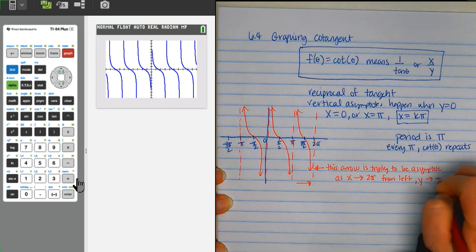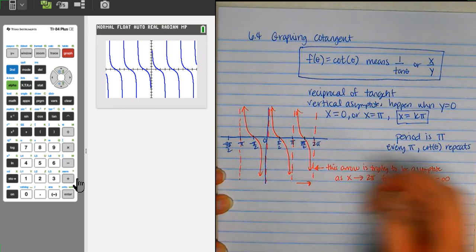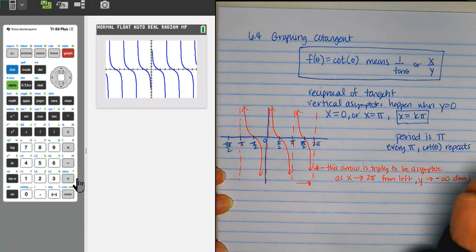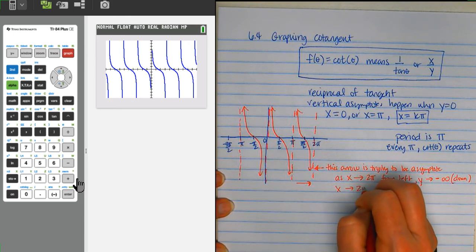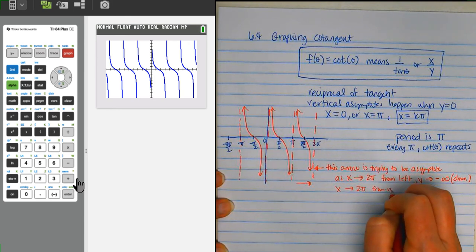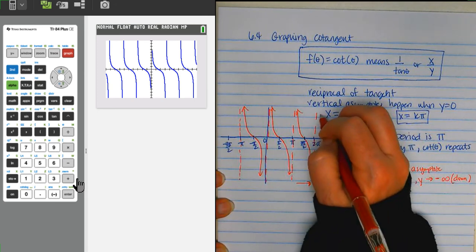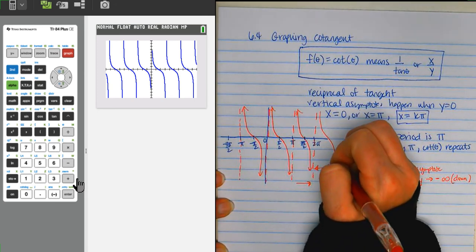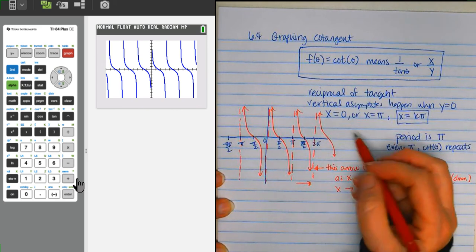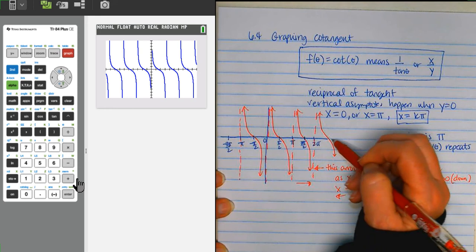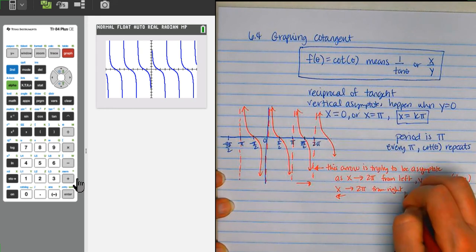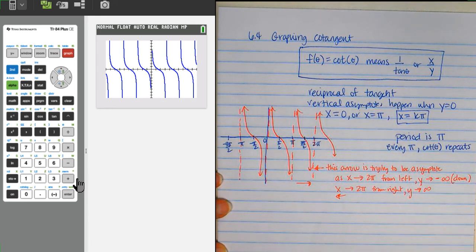Y is trying to be negative infinity. It's going down. And as x approaches 2 pi from the right, I would have another repeat here, drawn badly, but as it goes this way to 2 pi, it's going to positive infinity. Y is going to positive infinity.